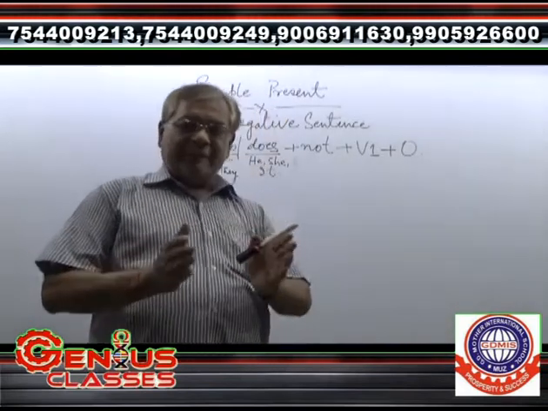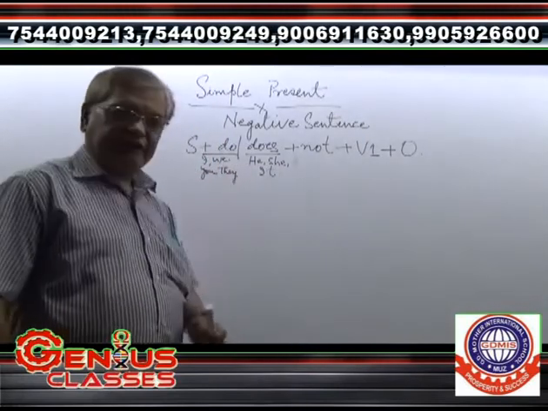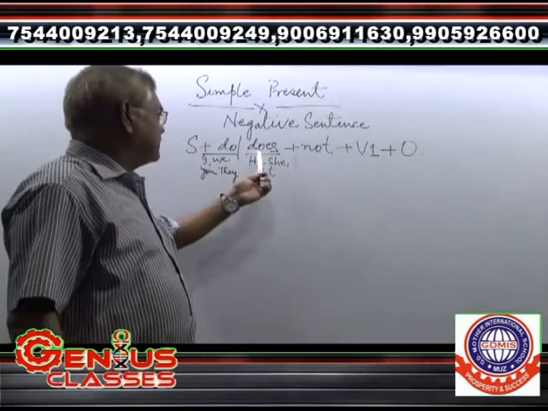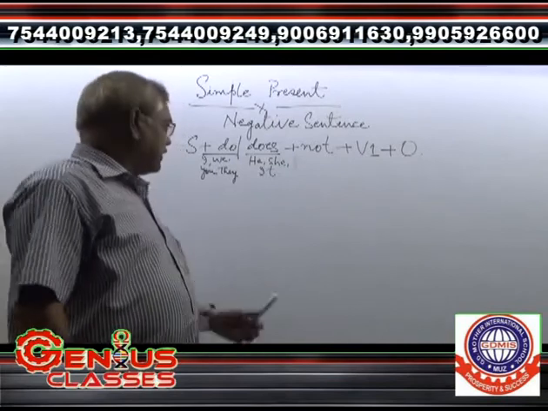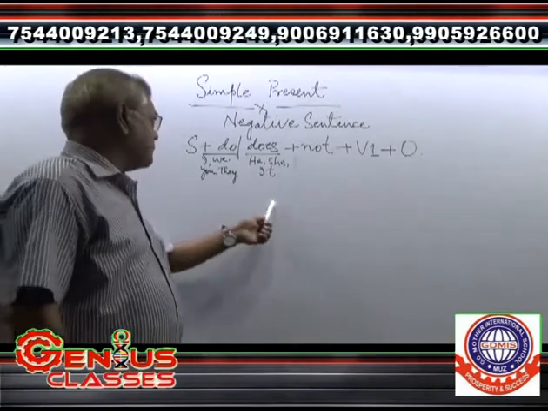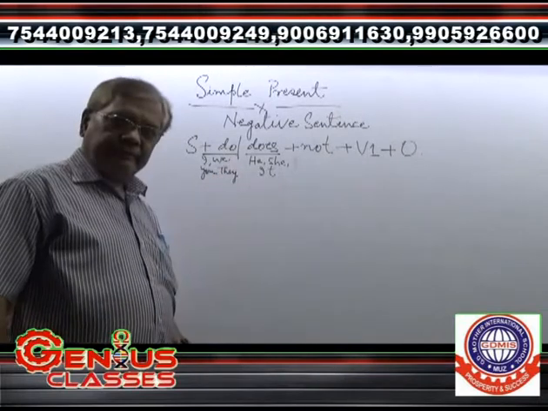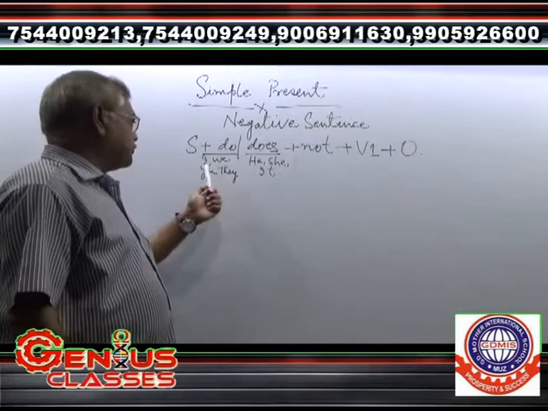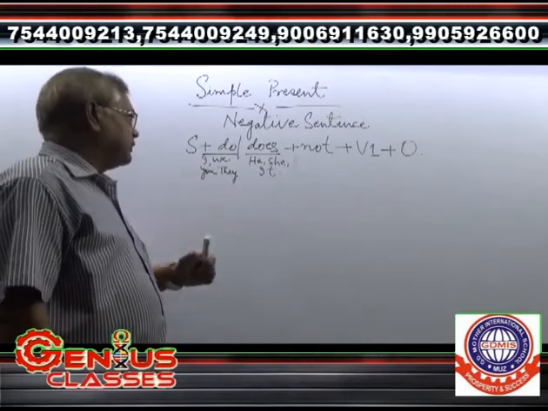For some subjects we shall write do, and for some subjects we shall write does. Here I have also given you the clue. If we apply do, then these are the subjects that we can use: I, we, you, they.